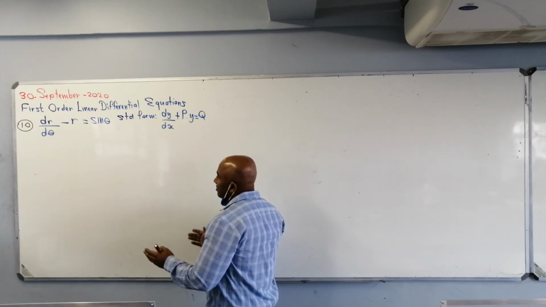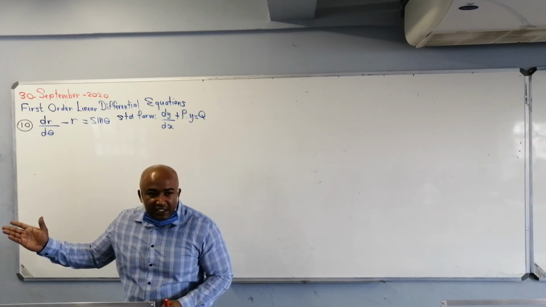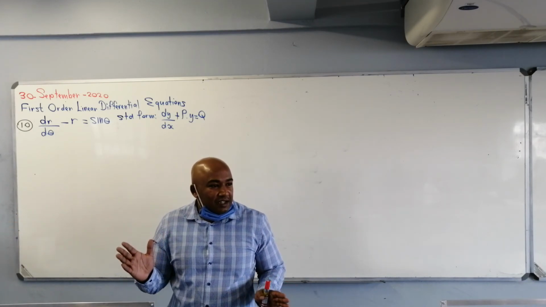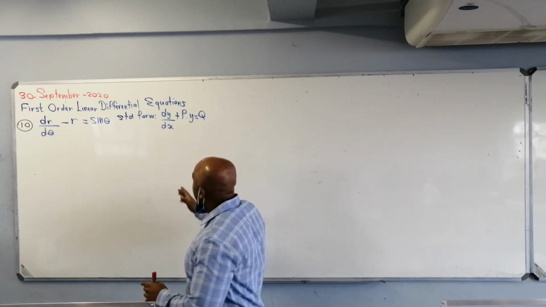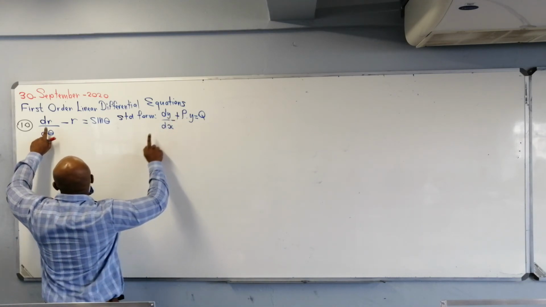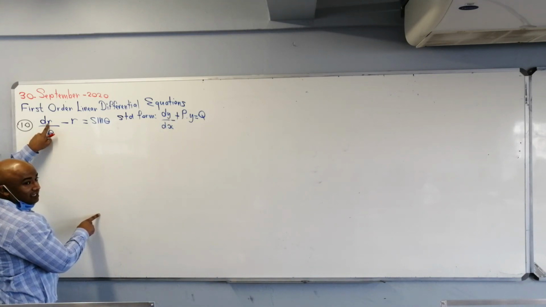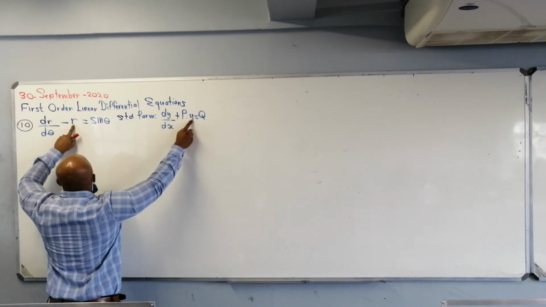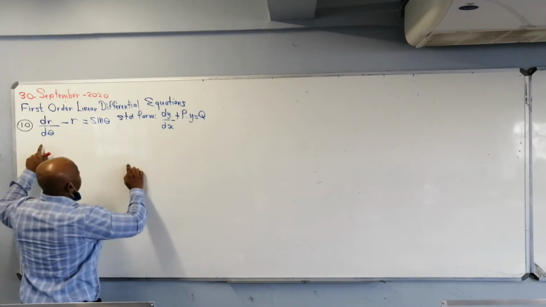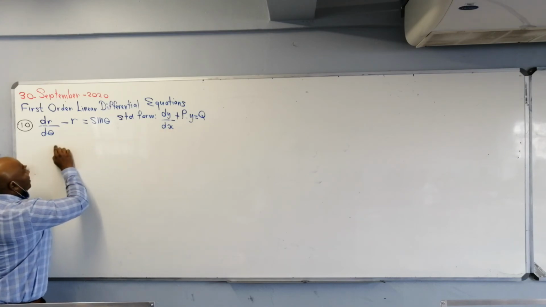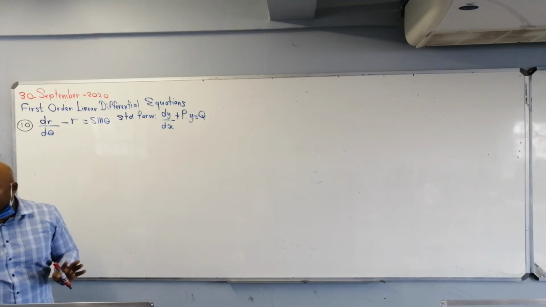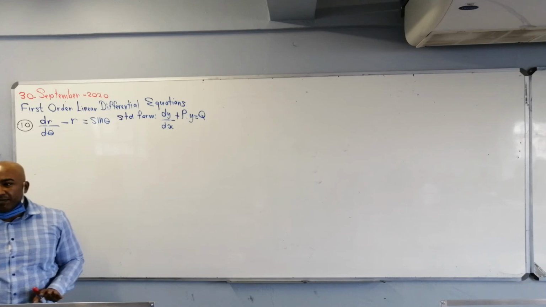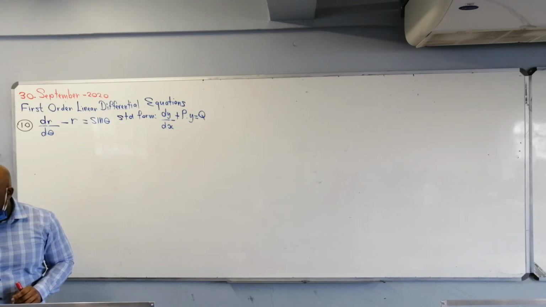So now, the only difference is that the letters are not the same. Instead of y, it is being replaced by r here, you can see that. So there's your dy, it's dr, there's your y here, which is r, and then x is being replaced by theta. That's all. Okay, the rules are all the same, it's just that we're using different letters.